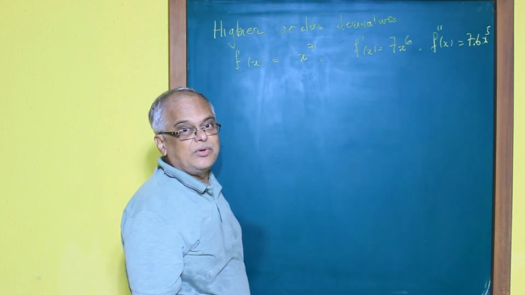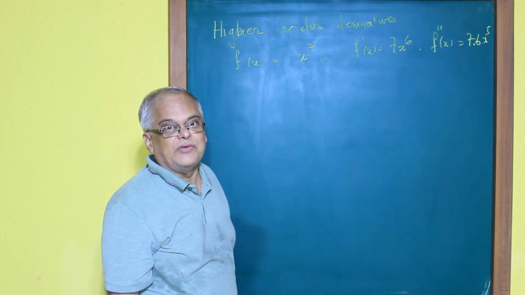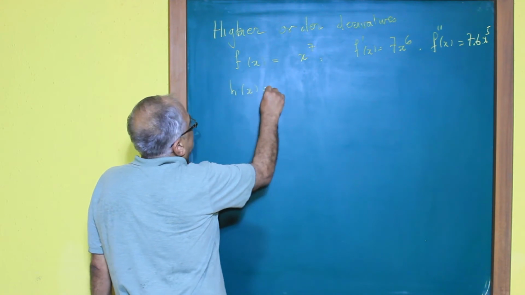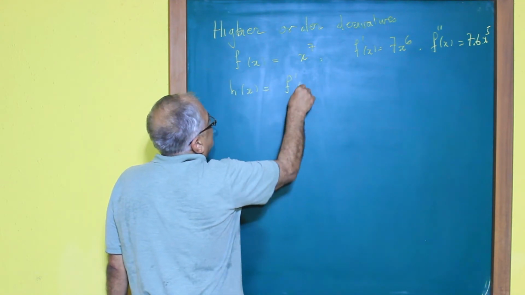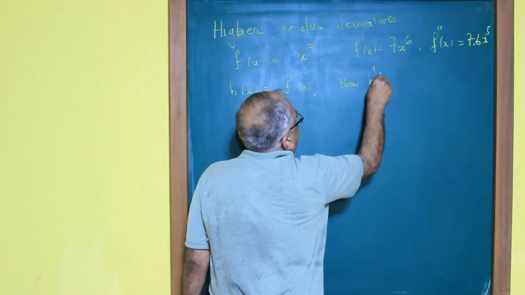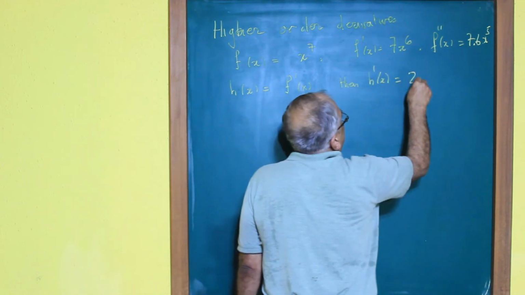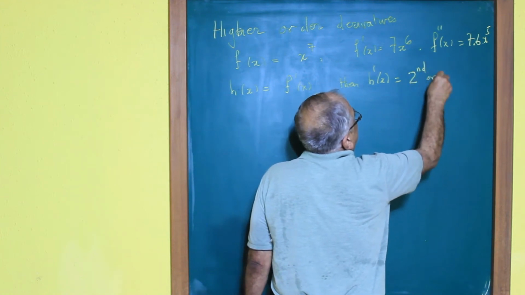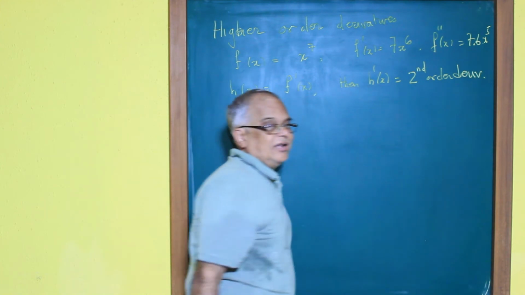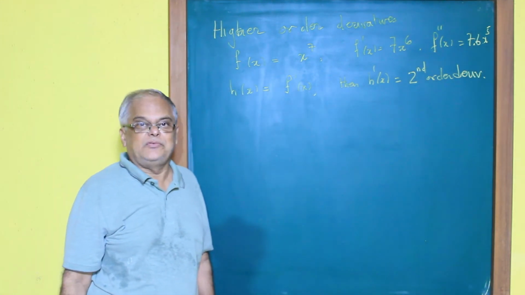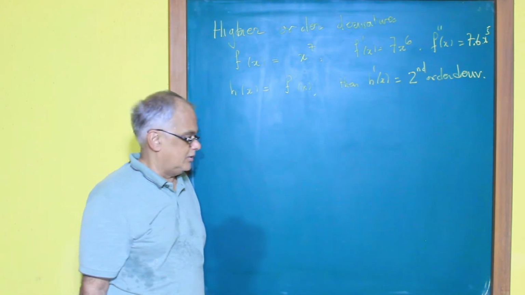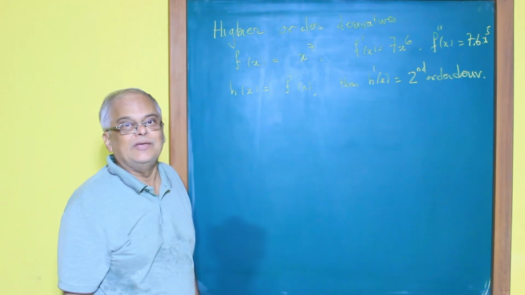So what is it that we are doing? The second order derivative of f: if h of x equals f prime of x, then h prime of x is the second derivative. The derivative of the first order derivative is called the second order derivative. This is what we have all seen in our more elementary classes.